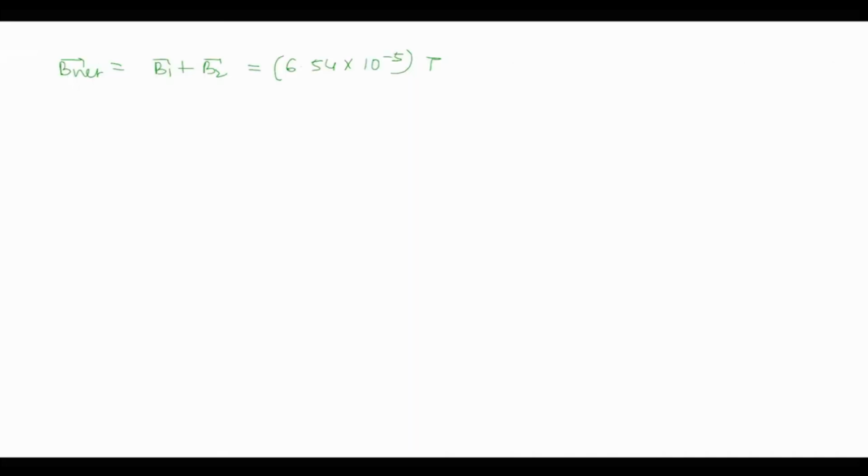So for the first portion, the force acting on the wire at the center is going to be 0, because the angle between the external magnetic field produced due to the arcs and the current carrying wire is 180 degrees. So the value of I L B sine theta, that is the magnitude of force, will come out to be 0.